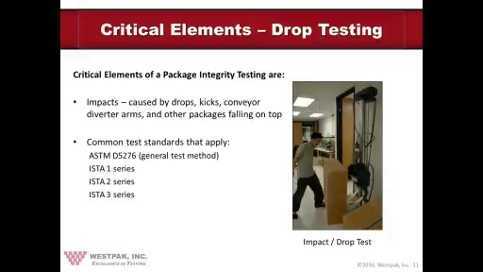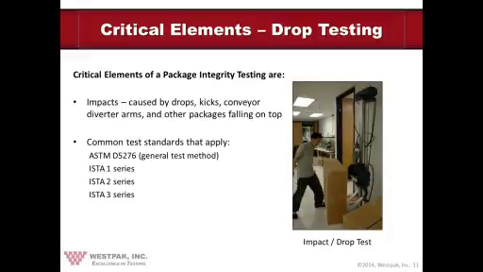But the point is that you're trying to excite the product package system, and generally drop tests, you just use gravity and try to get the drop as flat as you possibly can for a flat drop and so on. But on occasion, we'll actually use a shock test machine to do drop testing if it's required or we need a very precise type of orientations.